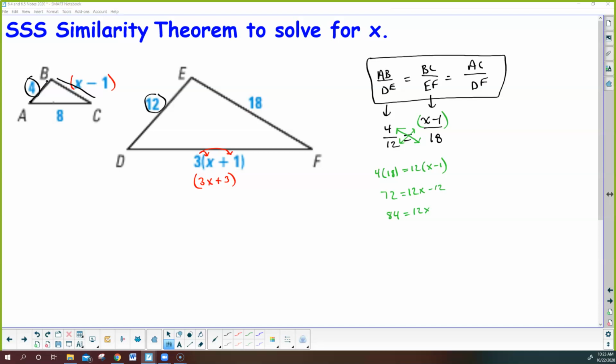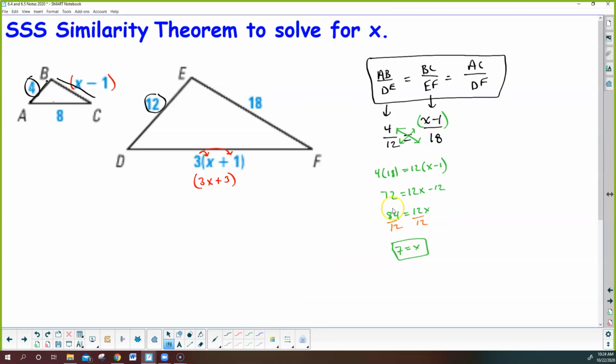Hold on one second. Okay, so then just divide both sides by 12. You don't even have to show that work. And we get x equals 7.